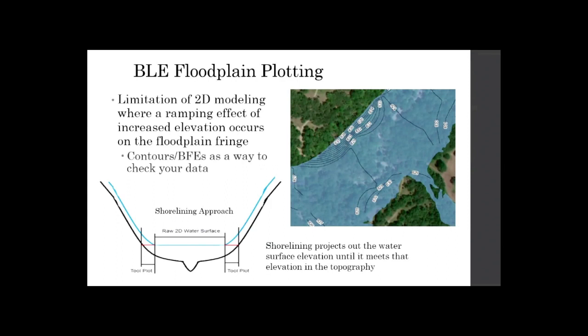We have 2 different approaches that our contractors are using. One is the shorelining, where it takes values in the middle and projects them out to the edges. So it's no longer quite matching the model at that location, but it's a more reasonable BFE.